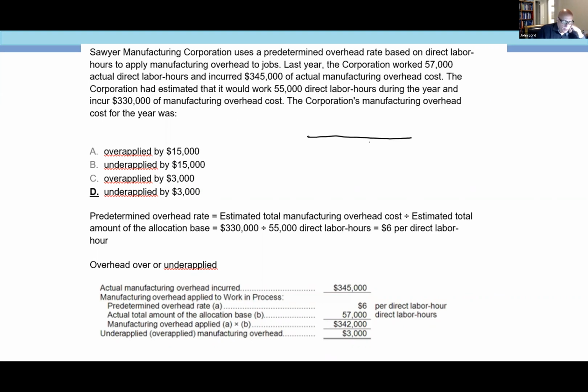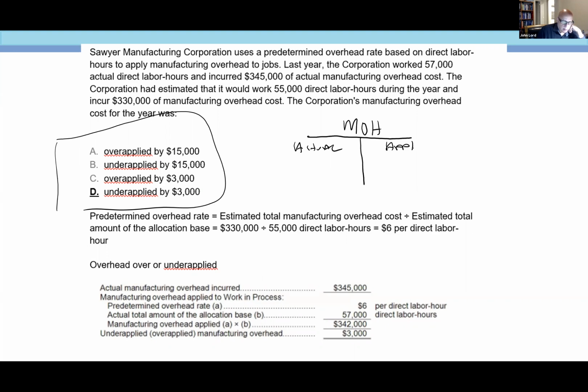If I know that they're going to ask me about under or over applied, and I know that because of the choices here, then I know I'm going to have to analyze my manufacturing overhead, and understand the difference between the actual and the applied.